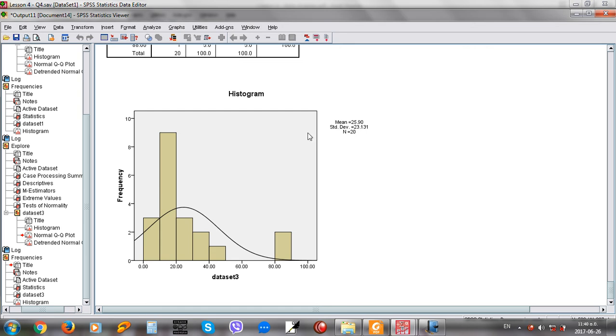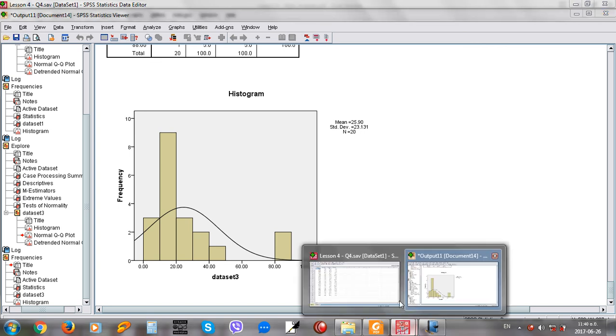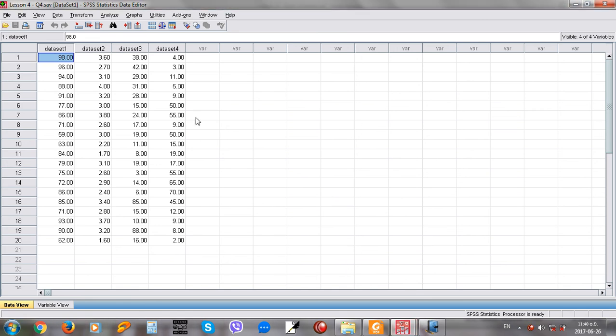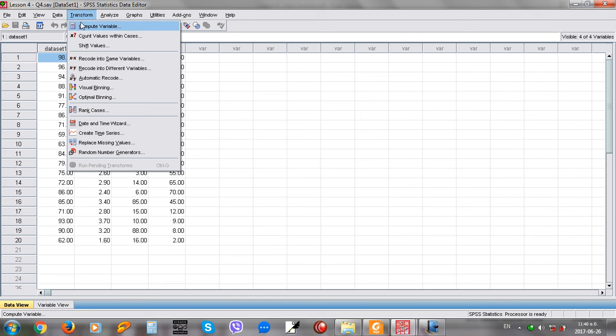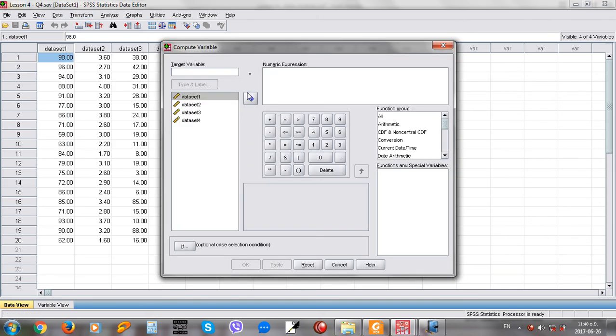Now we will consider how we can do this practically. Take dataset 3, which is not normally distributed. We will do some transformation and see whether it can be converted into a normal distribution or not. We go to Transform, Compute Variable, and the target variable is log data set 3.